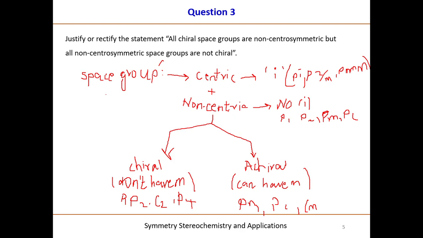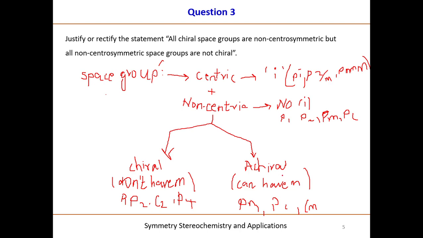That's why the non-centric space groups are further divided into two types: chiral and achiral. Chiral space groups do not contain M, that is the mirror plane, but achiral space groups contain the M plane.